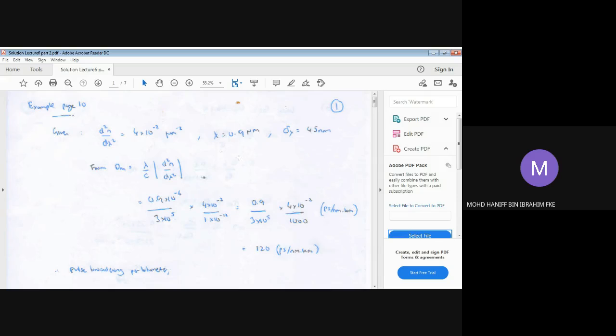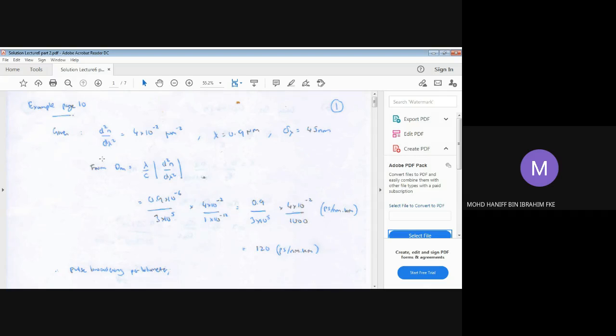But these parameters alone cannot be used to determine the RMS pulse broadening, because we need to know the value of dm first. So we need to find out what dm should be.